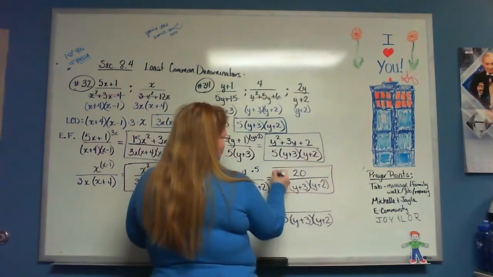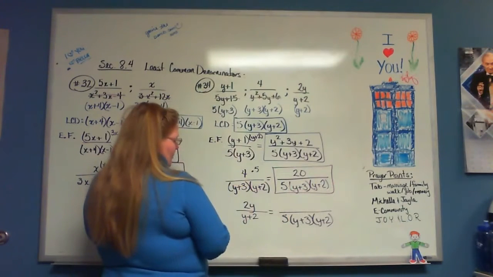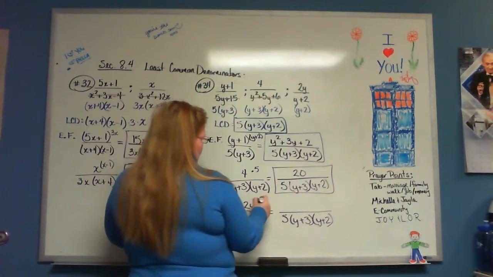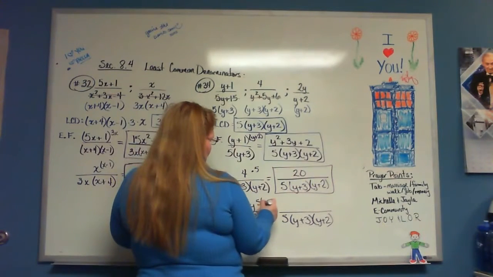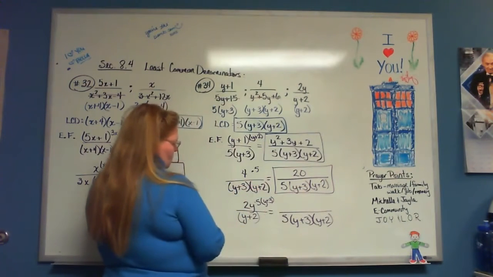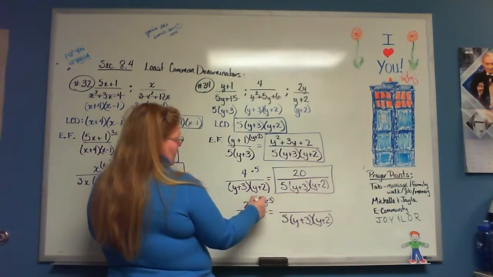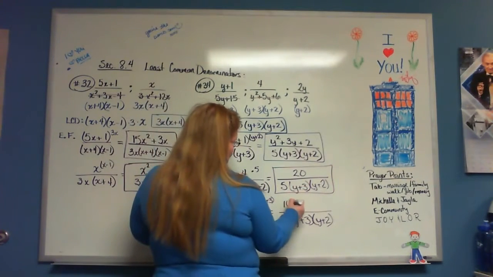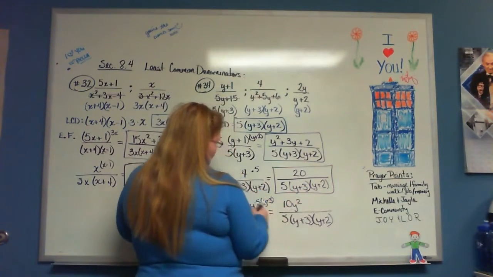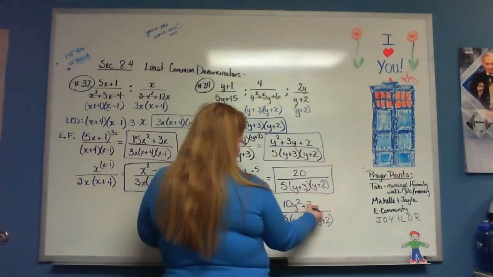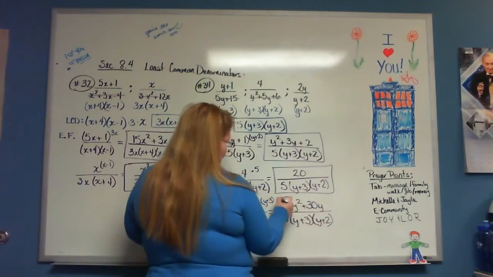That one was nice. Here, got the y plus 2, but I'm missing the 5 and the y plus 3. So that'll be 10y times y is 10y squared. And then 10y times 3 is 30y.